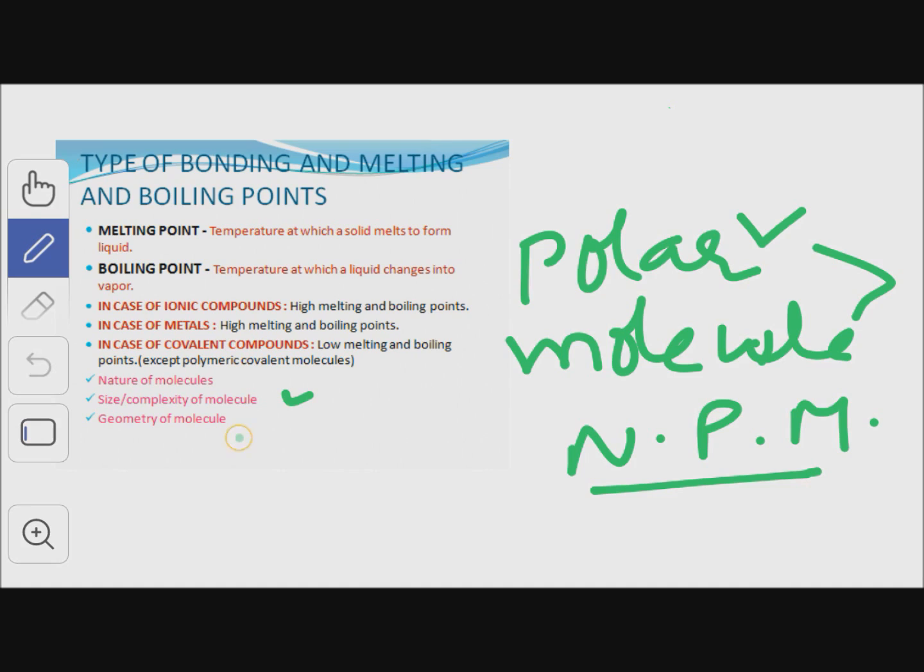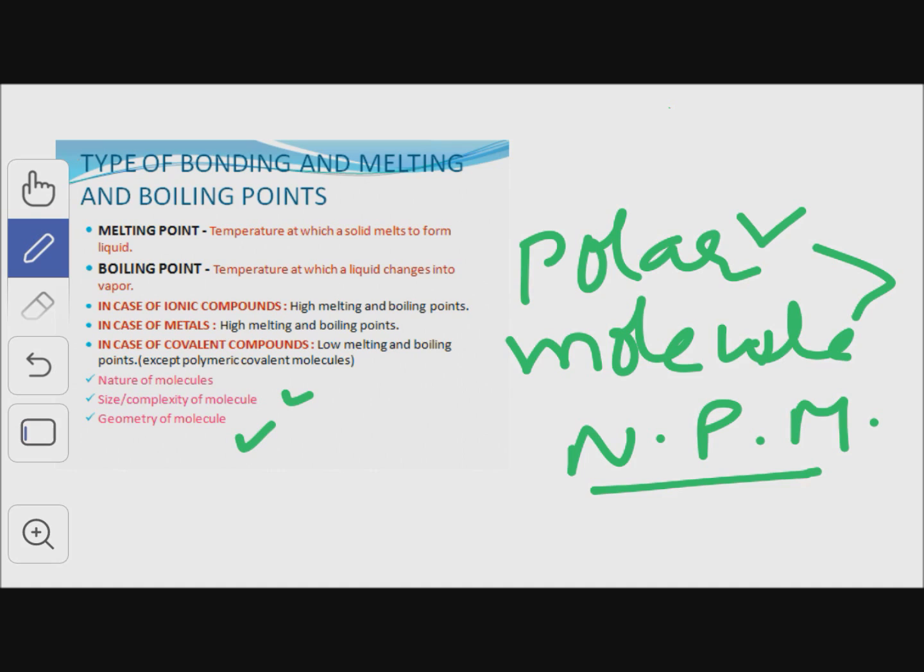Next is geometry of the molecule. If a molecule is of straight chain having no branches, then the molecules are closely packed to each other, and the interaction is higher in that case, and the magnitude of London force is also higher, and that's why they have high melting and boiling point as compared to the molecules having branches, in which there is less contact between the molecules and the magnitude of London forces is also less.